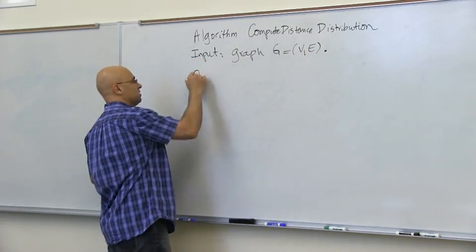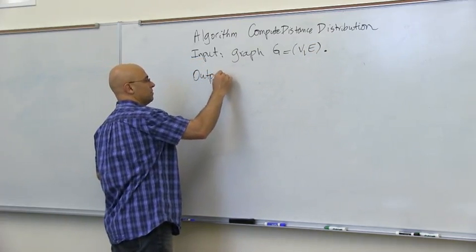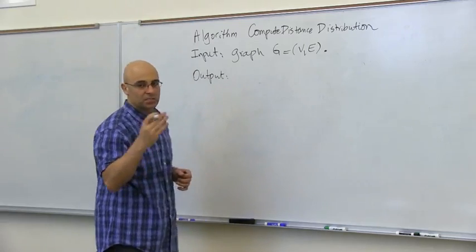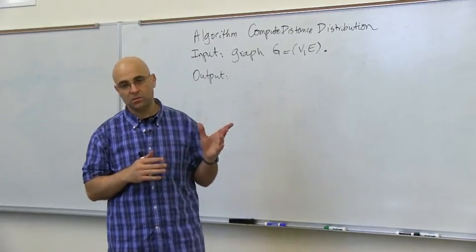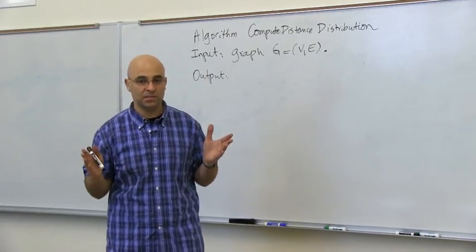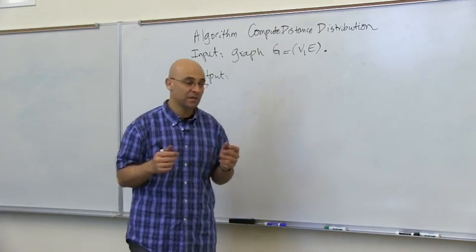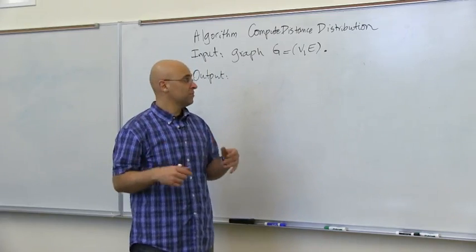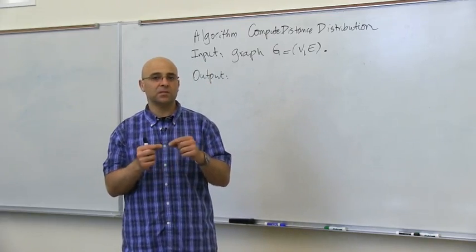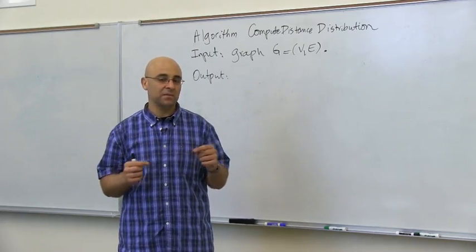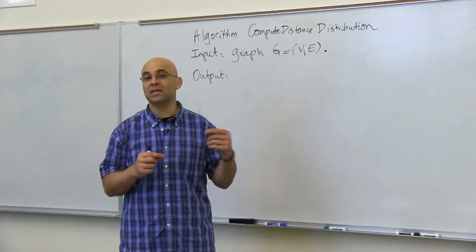The output is the frequencies of each possible distance. Now, how many possible distances? Before we write this, we have to figure out how many possible distances we can have in a graph. We have talked about this before, that if we have n nodes, then the maximum possible distance that we can have is n minus 1.